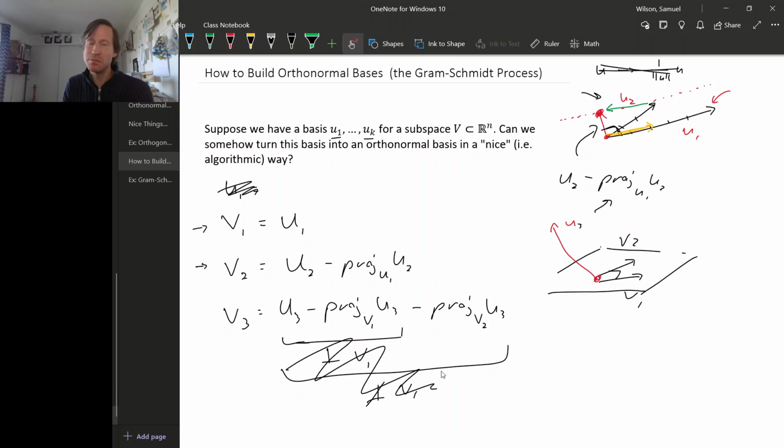We will check this in a moment, but it doesn't happen because v1 and v2 are perpendicular already. That's the key thing. Since we already have these two perpendicular, this second subtraction doesn't mess up the previous orthogonal complement.